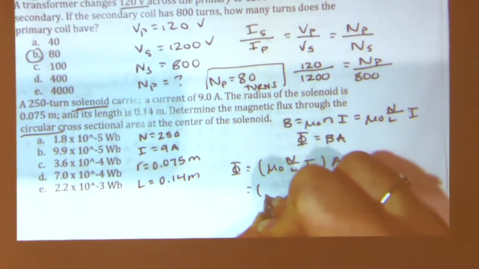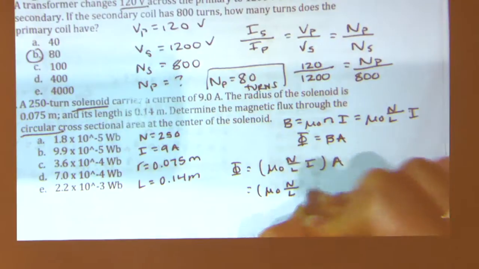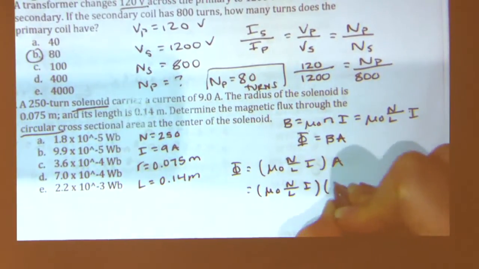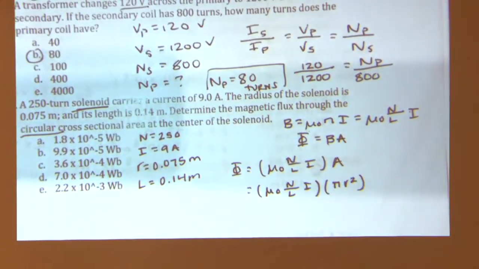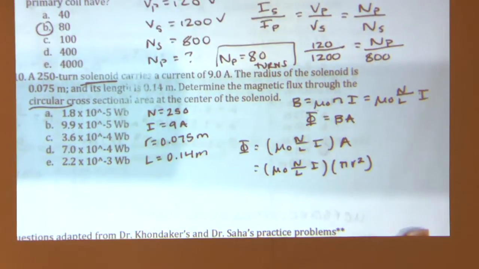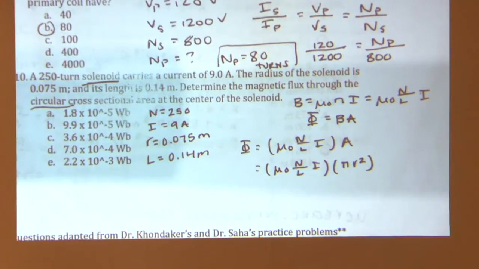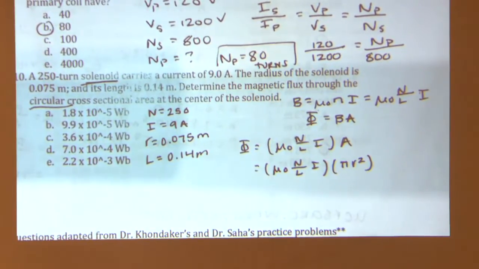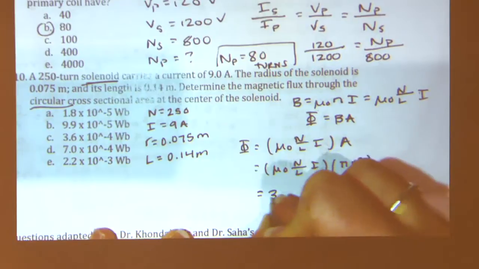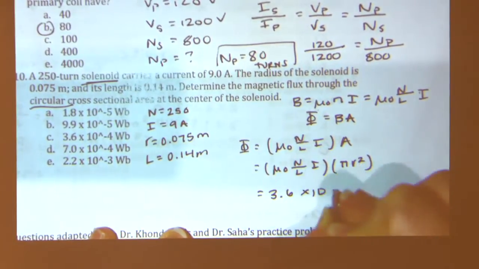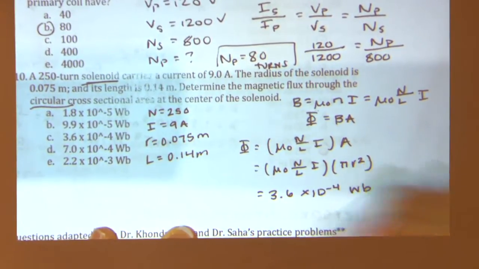This will be mu naught N over L I, and this area will be pi r squared. Doing that math out, I got 3.6 times 10 to the negative 4 Webers.